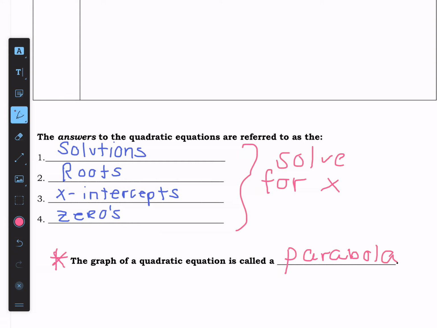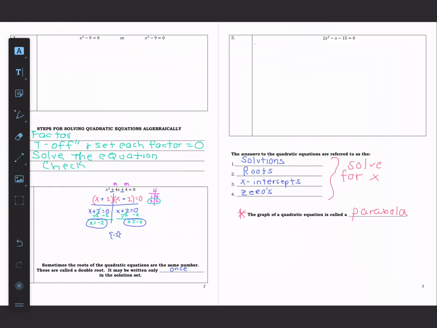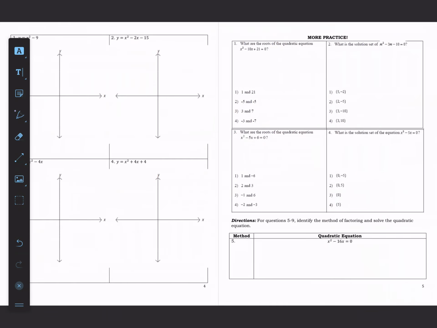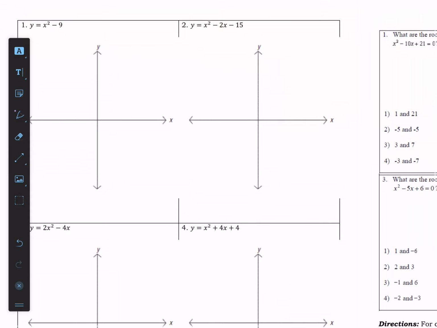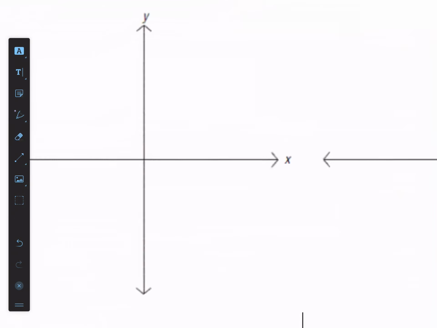Okay, now we're going to talk about how our answers to these problems actually relate to what's happening in our graphs. So if you go to the next page, if you look at number 1 on the next page, we've got y equals x squared minus 9. Now, I'm just going to be drawing sketches here. We're not going to be drawing perfect graphs. Now, if you were to graph this, this is what you would end up seeing. And I'm just going to do the little sketch right here.